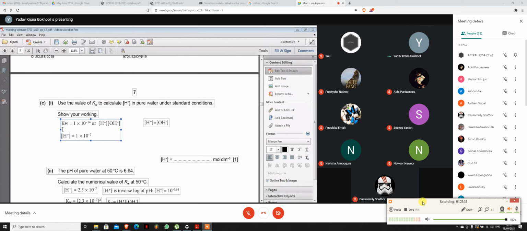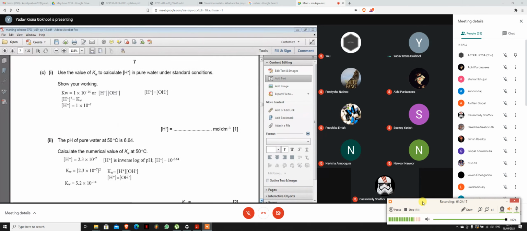Square bracket H plus to the square equals Kw, and then you just find the H plus.